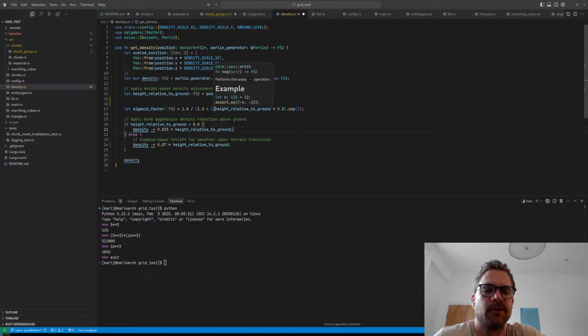I'm gonna try to understand what this actually does. So, height relative to ground.